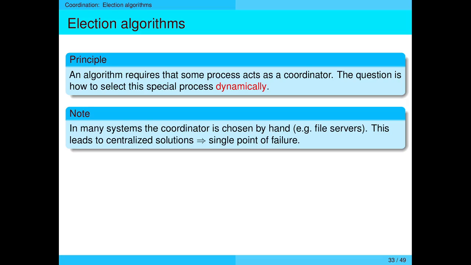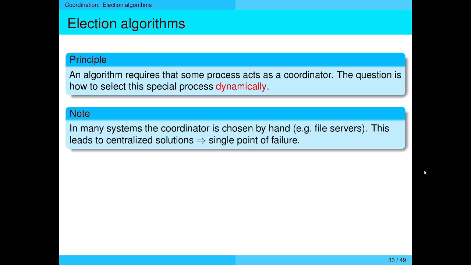However, if we want this to happen dynamically, automatically among the processes themselves, then it is better for us. That process which happens automatically, we call election.